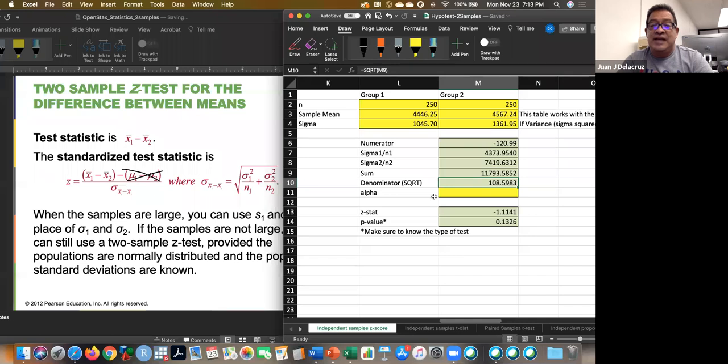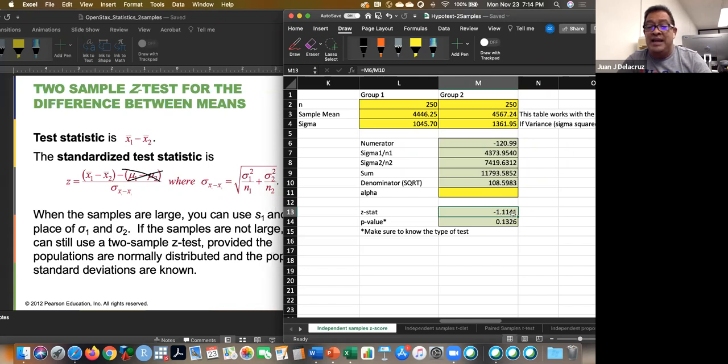That is the denominator, and the other is the numerator. Once I have this, I generated the Z-score. Remember, the Z-score is the numerator over the denominator, so I divide the numerator by the denominator.